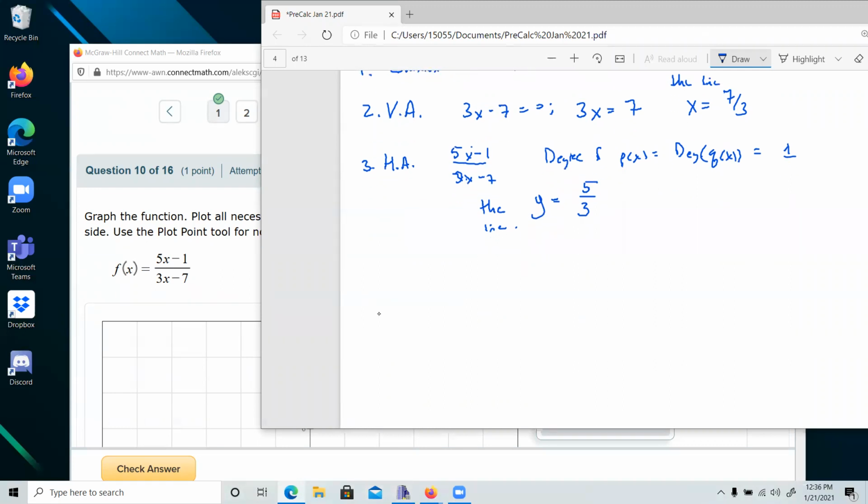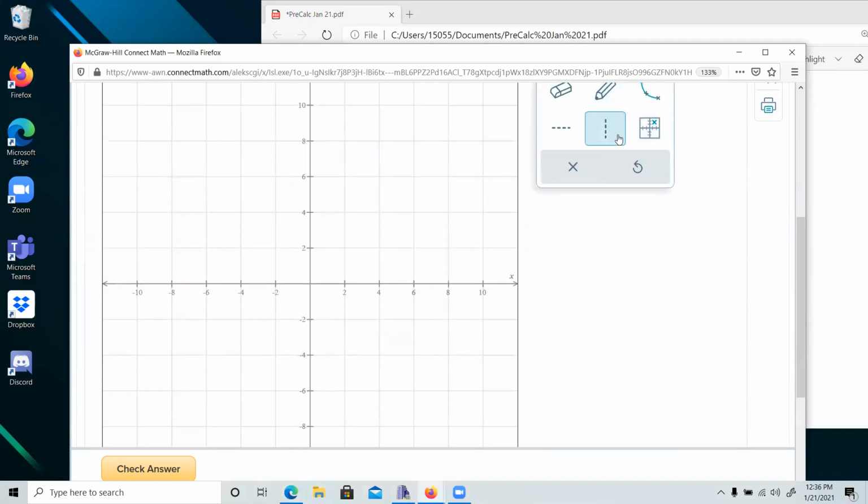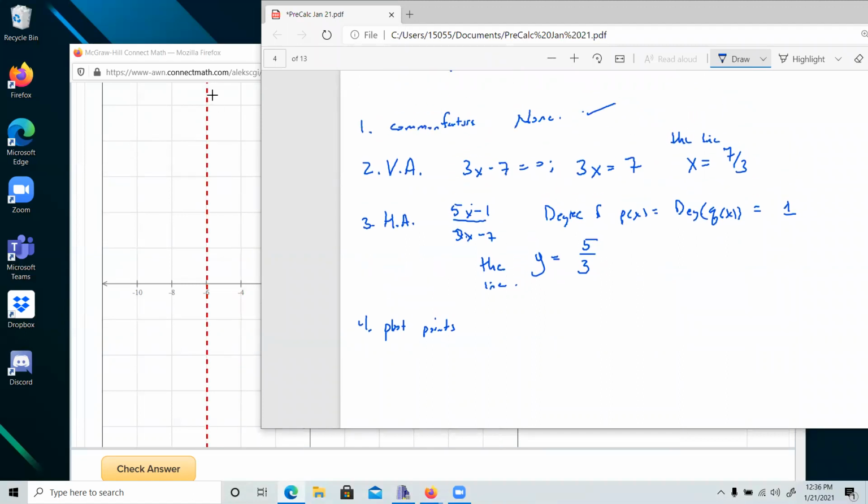And then for part 4, we're going to plot some points here. This is the tedious part of it. So what do we have here? Vertical asymptote, 7/3.